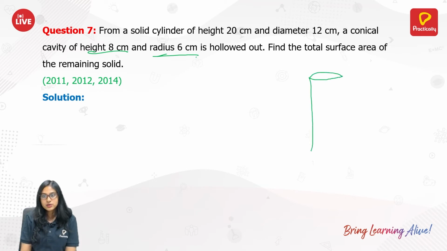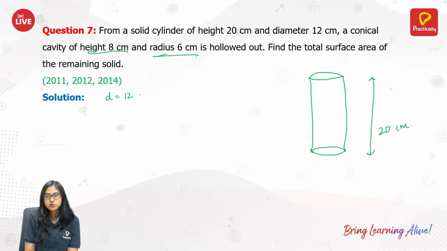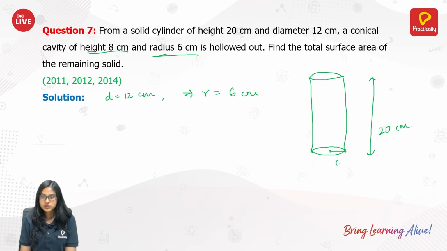Take a cylinder. Okay. Height 20 centimeters. All right. Diameter 12. So, if diameter equals 12 centimeters, what will be the radius? 6 centimeters. So, this is 6 centimeters.